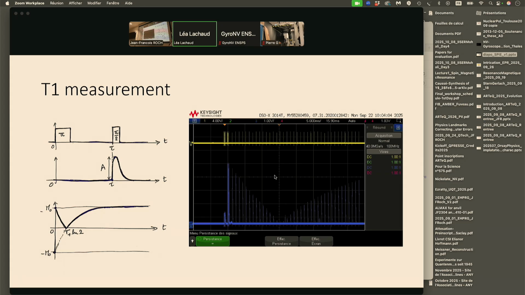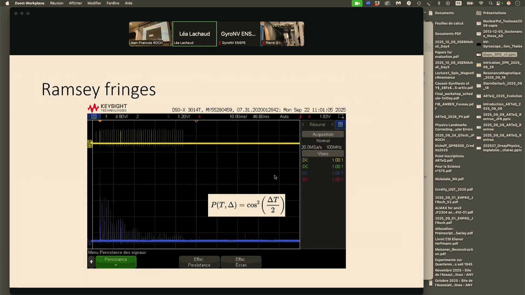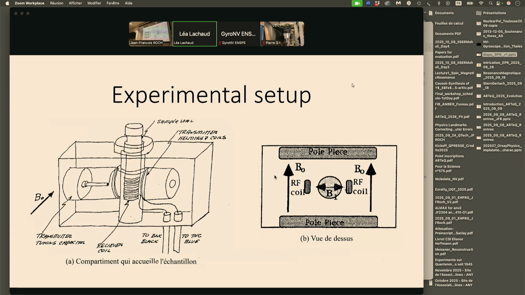I already said that our detection coil, if you remember the scheme in the first slide, the one which is here around the sample itself, is only sensitive to transverse oscillation, right?